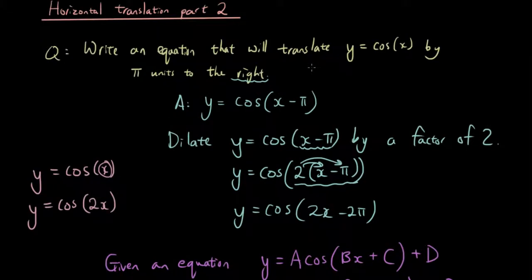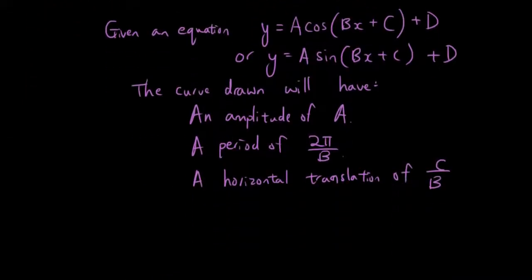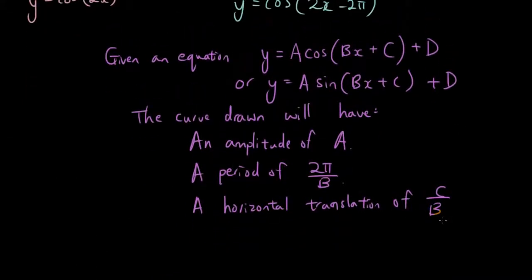Even though the translation to the right is pi, because I have dilated by a factor of 2 in our example, the constant here in the bracket plus c is actually minus 2 pi, but the translation is actually pi. So to get to pi from 2 pi, you'd have to divide it by the coefficient of x. So that's why the horizontal translation is c over b, and a vertical translation of d.